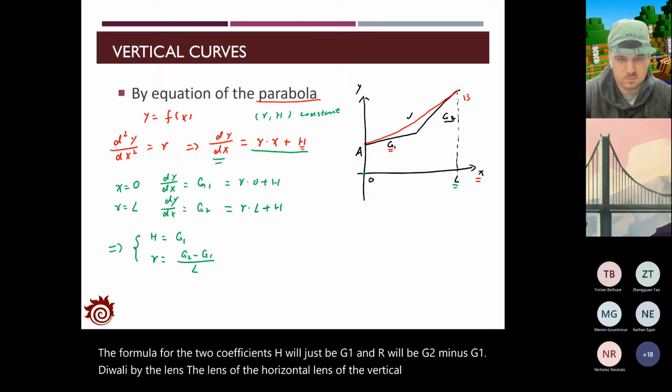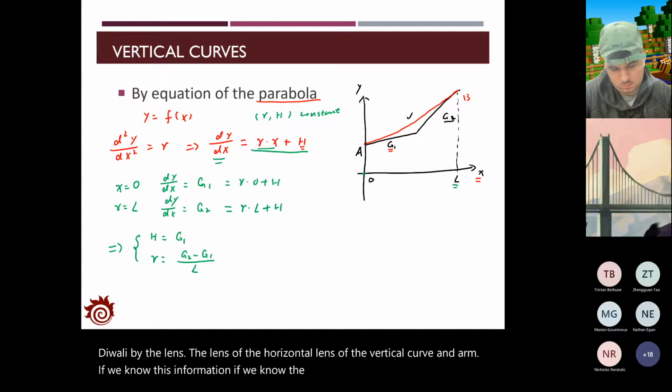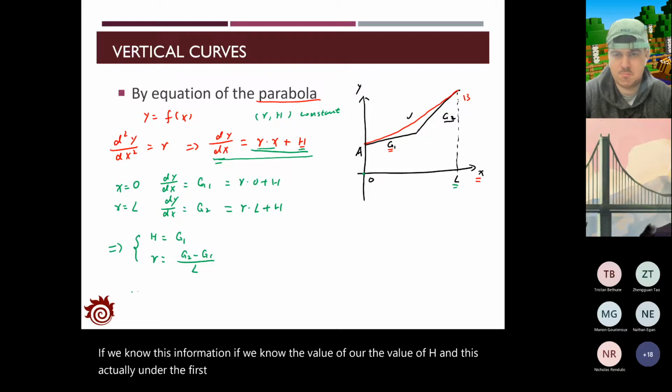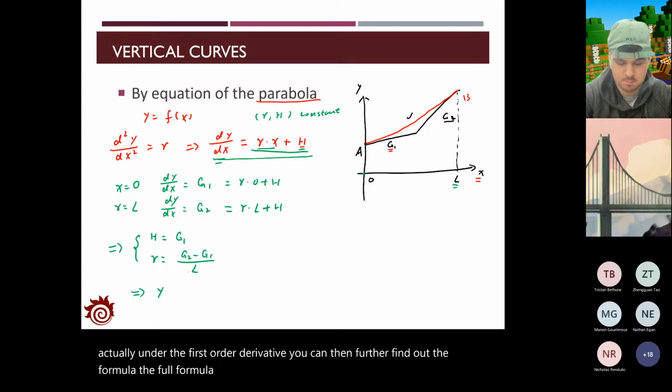If you know the value of r and the value of h, and this is the first order derivative, you can then further find out the full equation for y.